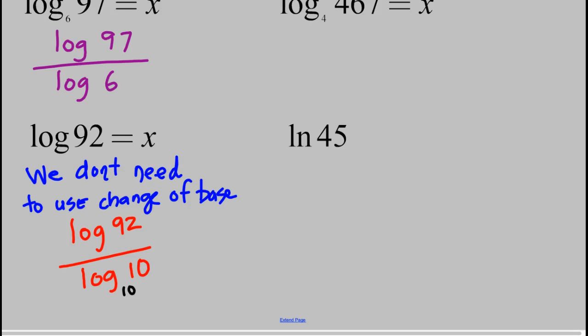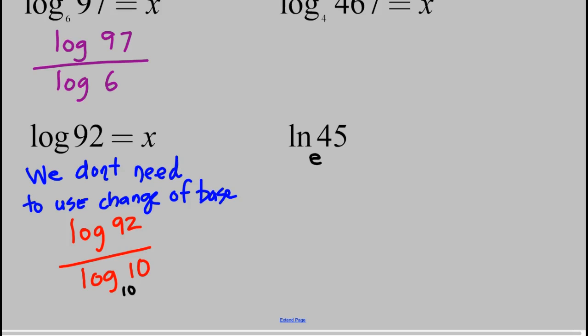All right, what about this one here? Natural log of 45. What's the base on that? E. Okay, and you probably have a natural log button on your calculator. Why don't you find it? Oh, there it is, ln. See it?